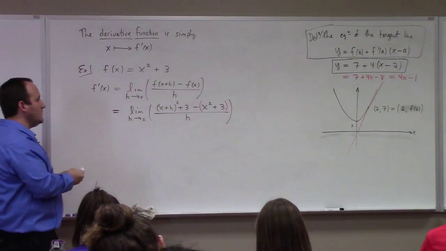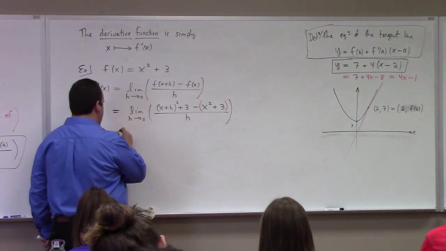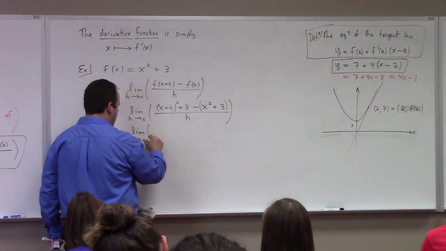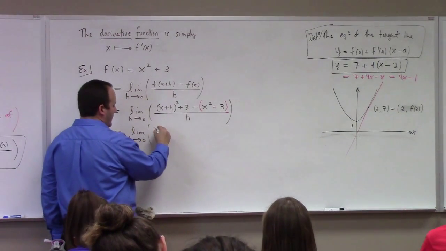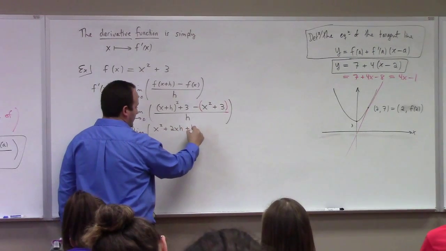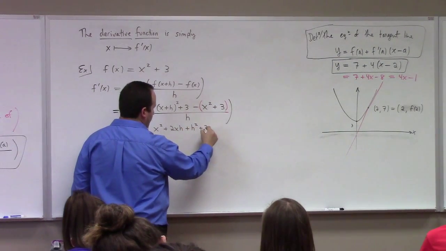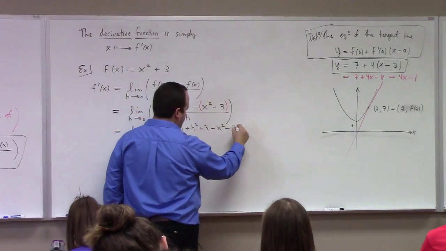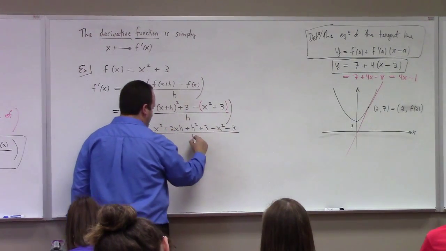Okay? So we FOIL out the (x plus h) squared. How's that go? x squared plus 2xh plus h squared plus 3. Now I'll distribute the minus. Minus x squared minus 3, all divided by h.